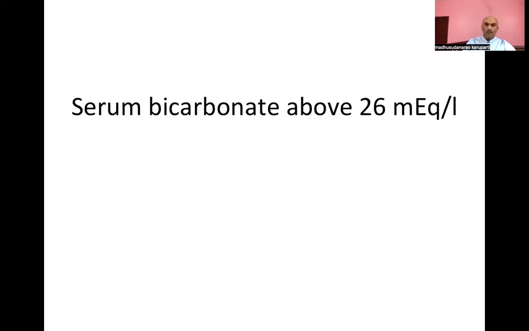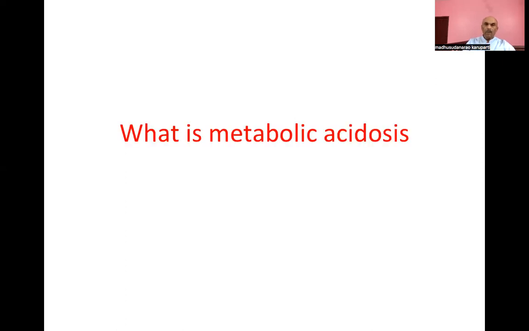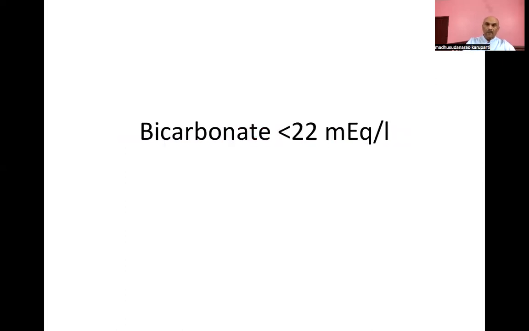Metabolic alkalosis is the condition wherein serum bicarbonate is above 26 milliequivalents per liter. What is metabolic acidosis? When serum bicarbonate level is less than 22 milliequivalents per liter. That means metabolic acidosis and metabolic alkalosis are related to serum bicarbonate levels.